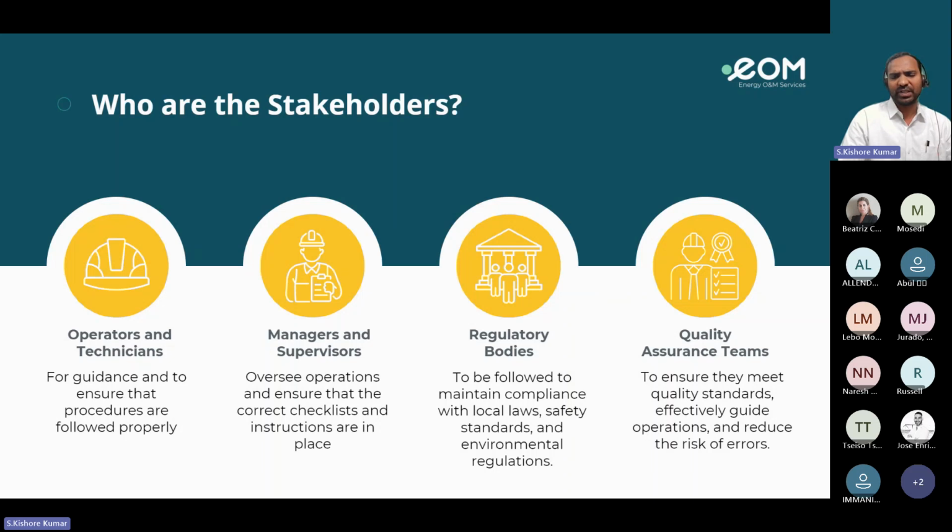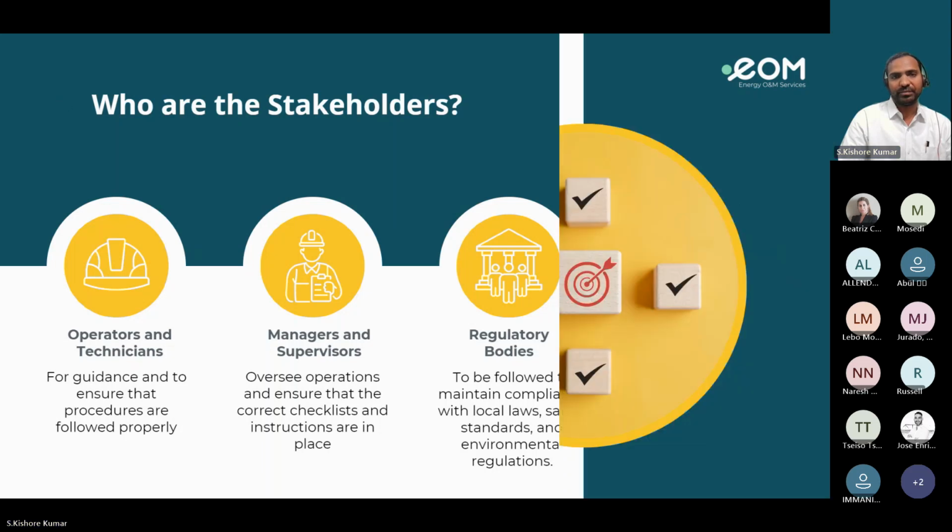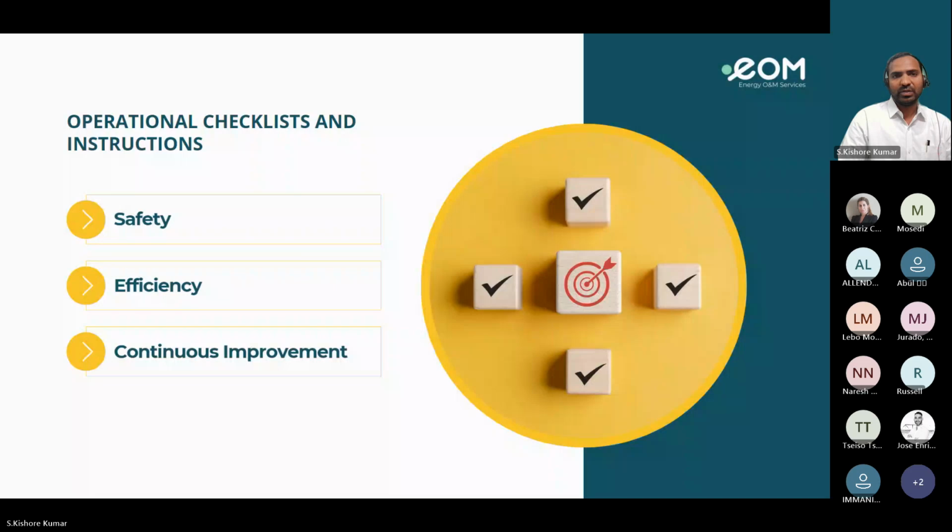These teams review checklists and instructions to ensure they meet quality standards, effectively guide operations, and reduce the risk of errors. In essence, operational checklists and instructions are not just tools. They are vital components in creating a culture of safety, efficiency, and continuous improvement across the organizations.